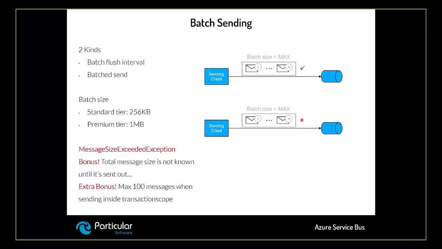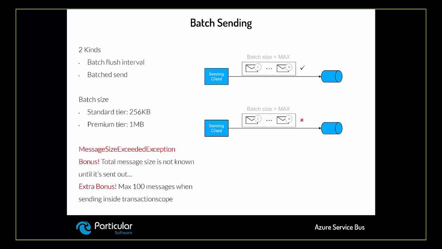The second kind of batching is the batch sends, when you're grouping your send operations together and invoke as a single task, await for that single operation. Now, there is, again, same concept of the maximum size, just like for a single message, so is with the batch. The batch cannot exceed maximum size of a single message, i.e. 256K for a standard tier or 1 megabyte for a premium tier.